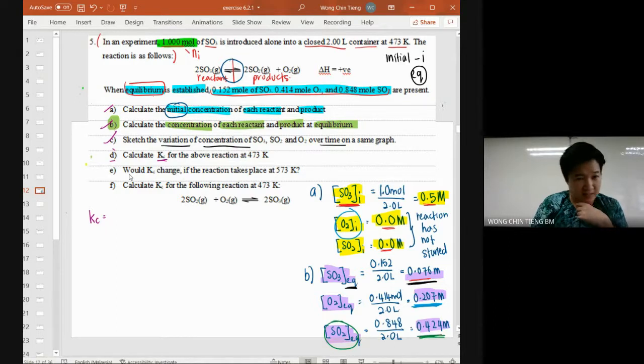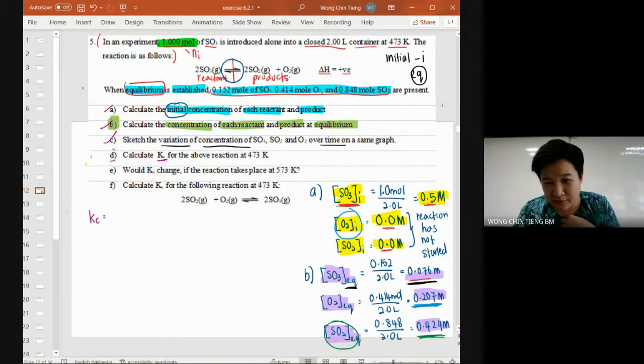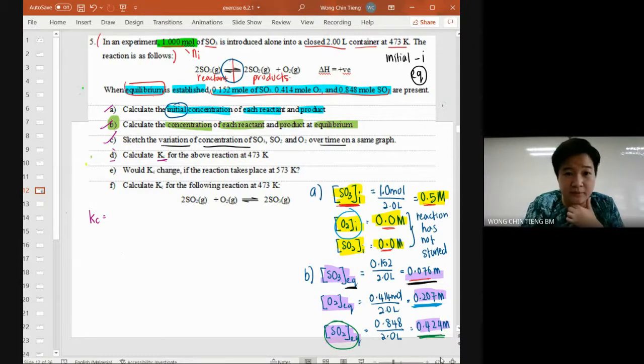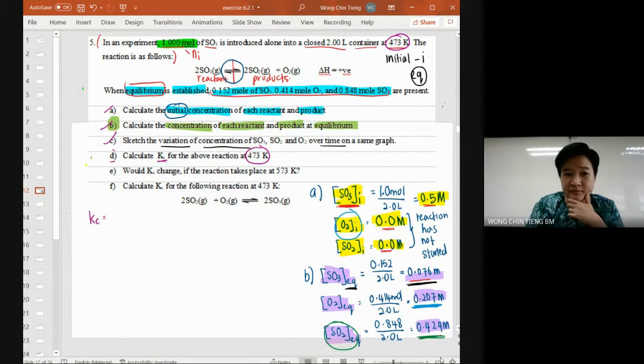Dia bagi 473K tu, dia bagi condition tu. Dia bagi condition, tak ada masalah. 473 is everything that you have from the beginning.